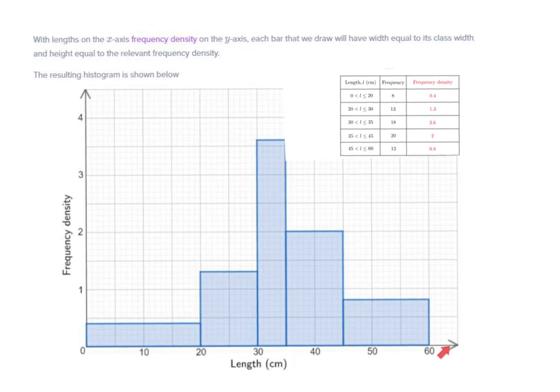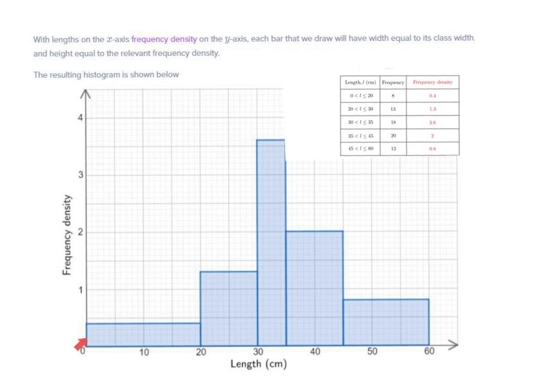On the x-axis we have the length, we have the sets. On the y-axis we have the frequency density. And you will find this is the first set from 0 to 20, its height 0.4. From 20 to 30, the height 1.3. From 0 to 1 we have 10 small squares, so each small square represents 0.1.